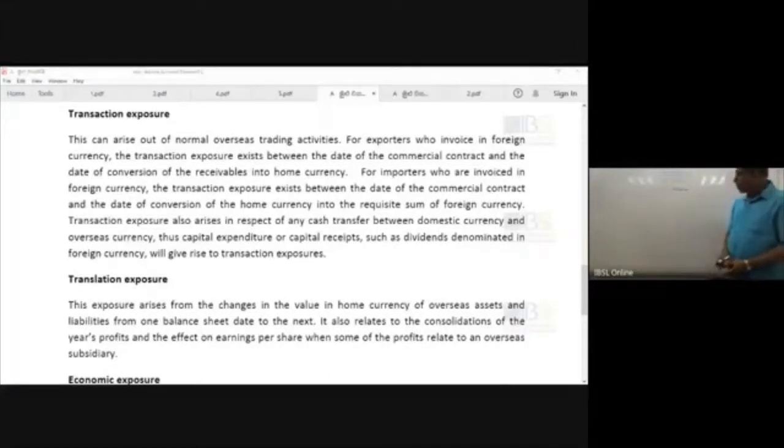The parent company is in Sri Lanka and the subsidiary is in Bangladesh, in Dhaka. So the parent company will have its profit and loss account and balance sheet in LKR.